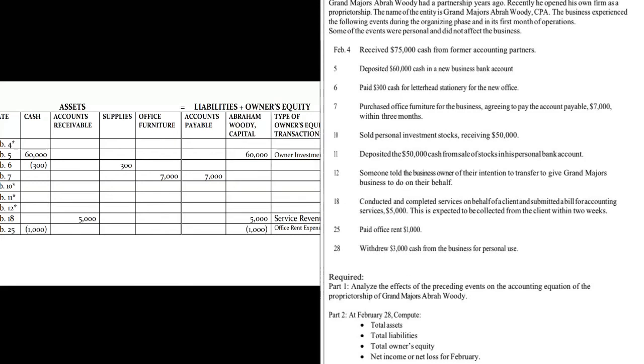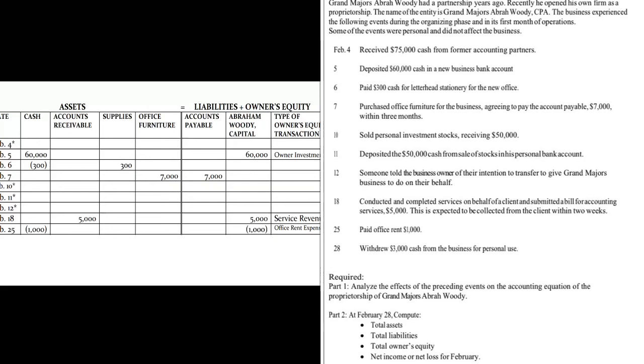All right? So let's look at the last transaction. February 28th, withdrew $3,000 cash from the business for personal use. So off the bat, we know our cash is being reduced by $3,000 for personal use. And we should remember that once an owner, especially from a sole proprietorship or a sole trader, the same type of business, just a different name, removes cash, goods, whatever the case, from the business for personal use, we record that, or it is denoted, as a withdrawal or drawings, right?